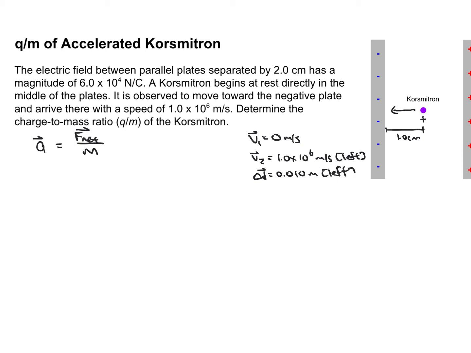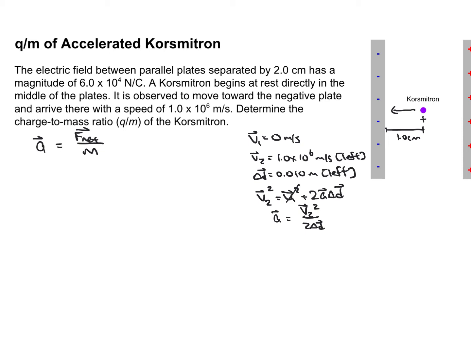So the acceleration can be gotten with the big five equation, the fifth one. Rearranging it for acceleration, it's going to end up being v squared over 2 displacement.